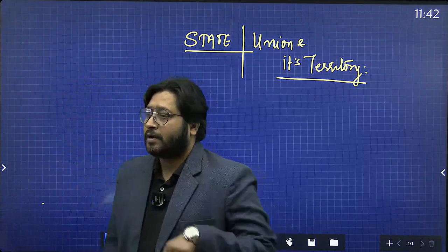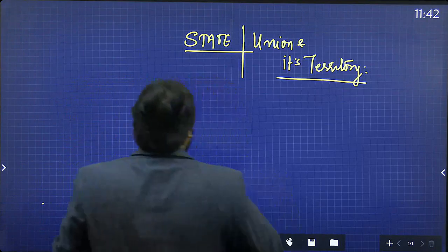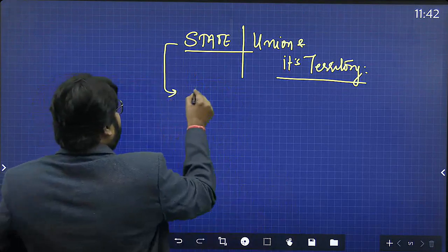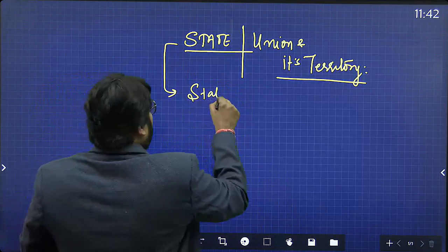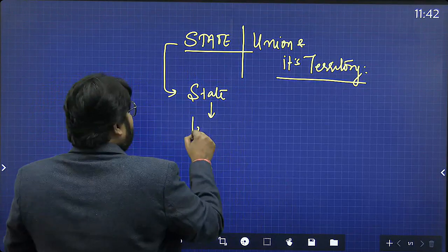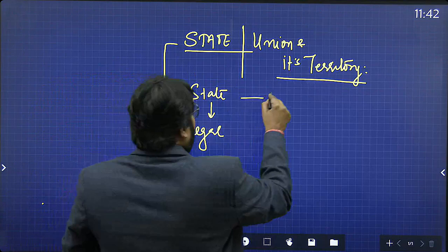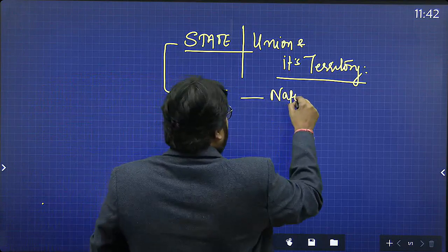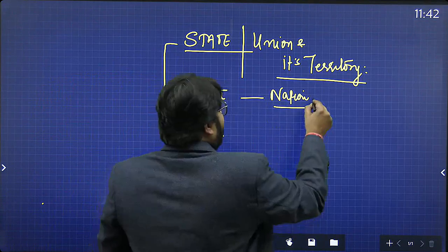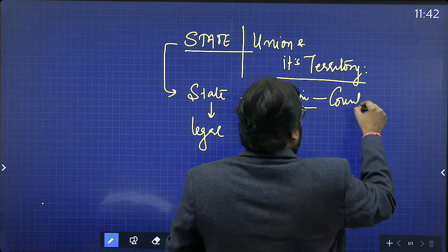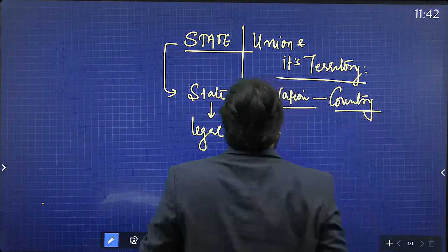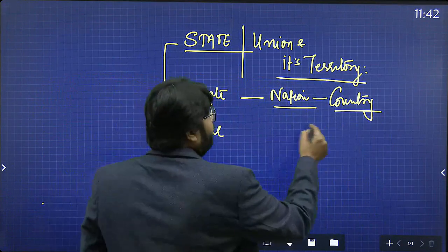So what features does a state have? Now, we use the word state, which is legal, and we use nation, or country. These two are generally informal terms.